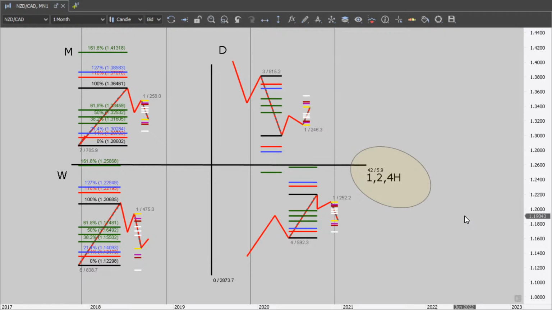Long or short? Teacher Lucas, long or short on the 1 hour, 2 hour, 4 hour chart? What do you say? What do you see? What do you say? And everybody, there is no right or wrong, okay?